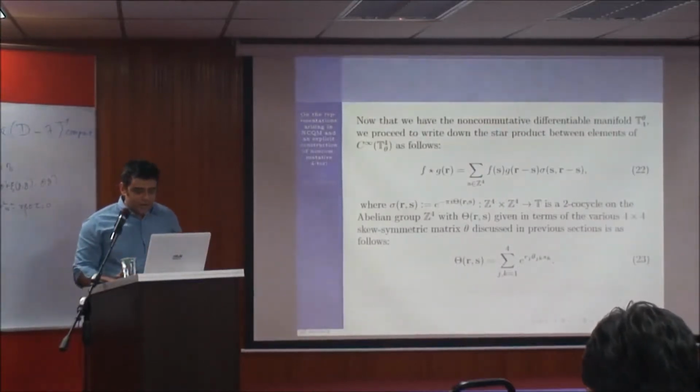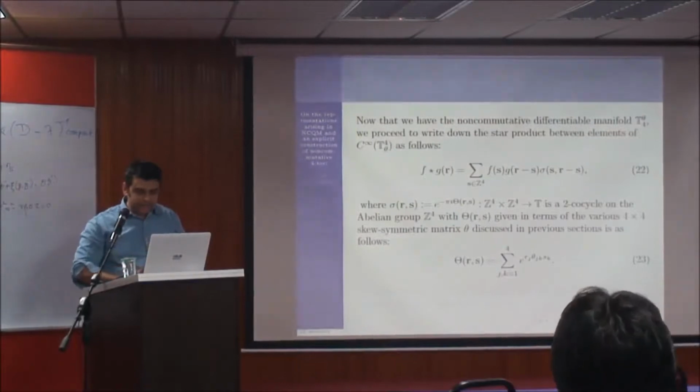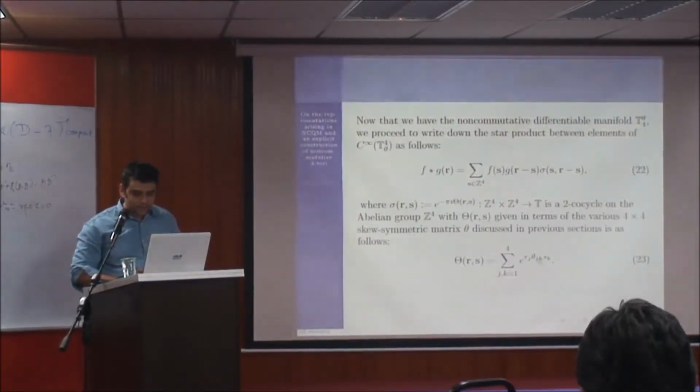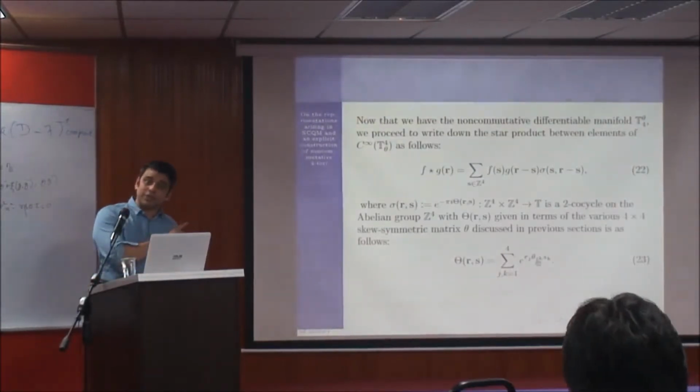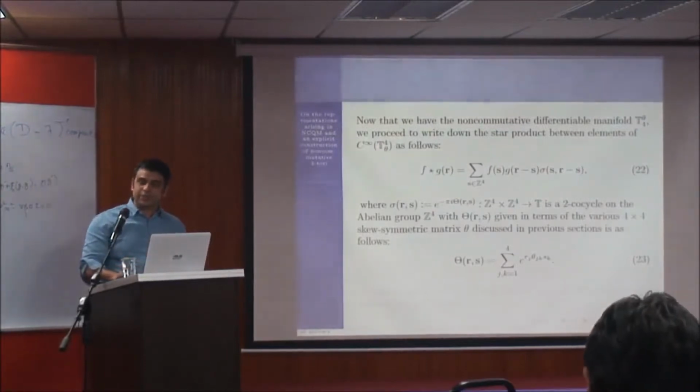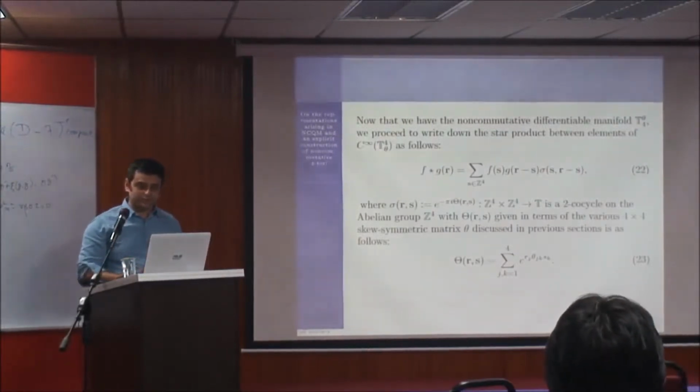All right. And that theta RS is given by this. And this small theta is the 4x4 skew-symmetric matrix that was given by the earlier theorem.